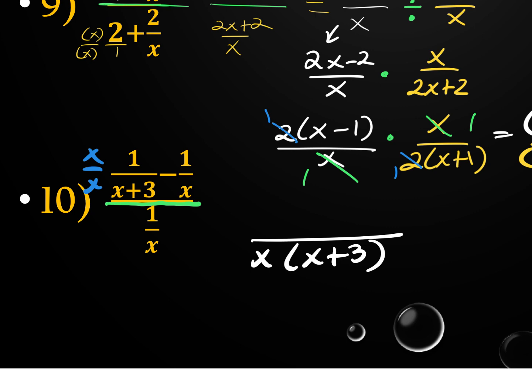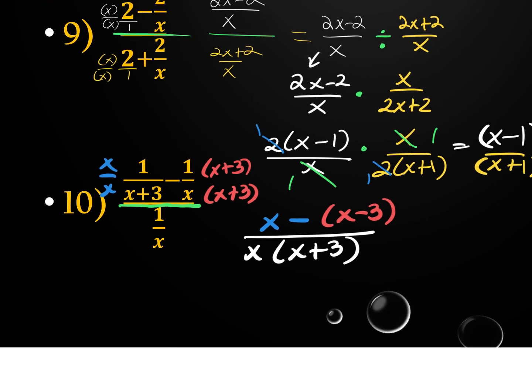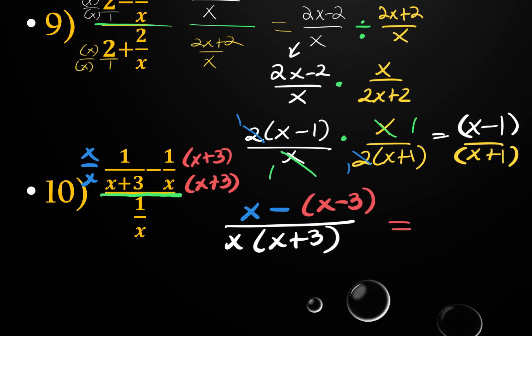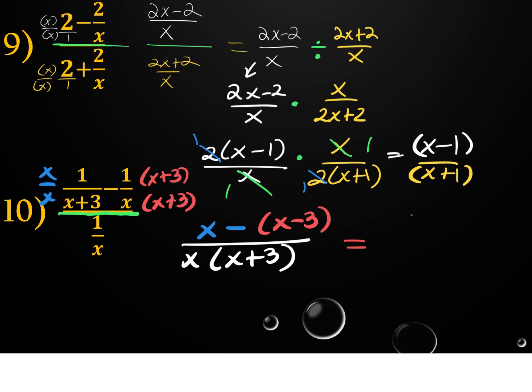So then 1 times x is just x. And then I have the minus sign. And then the second fraction is missing the x plus 3. So I have to distribute that subtraction sign into the x minus 3. So now this becomes x minus x plus 3 over x times x plus 3.